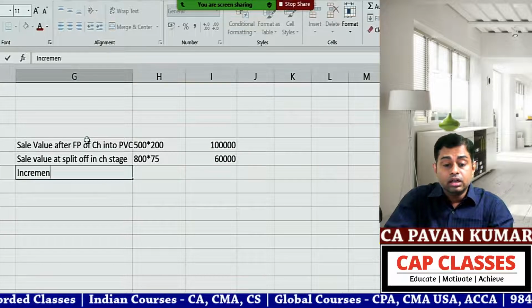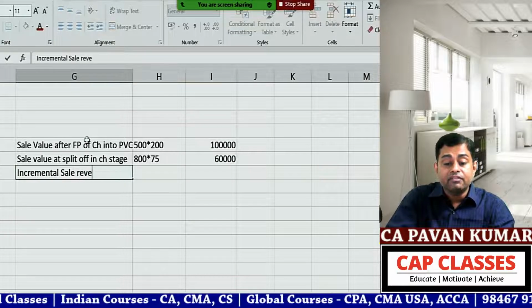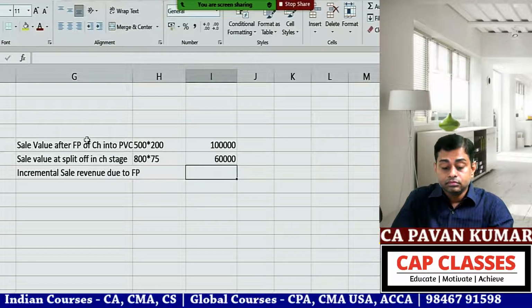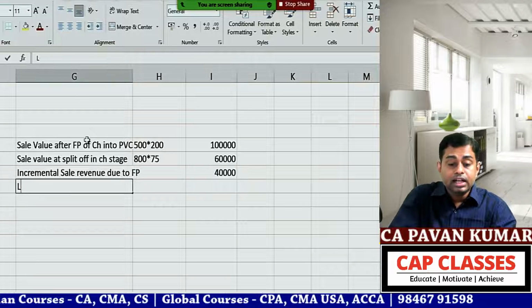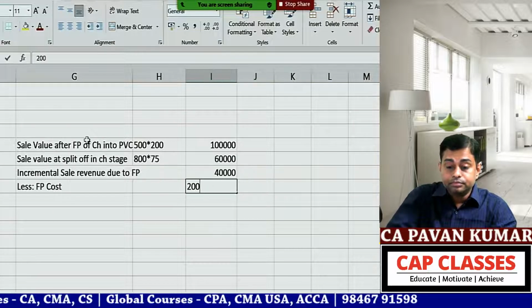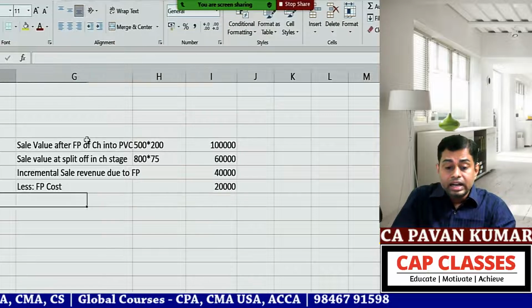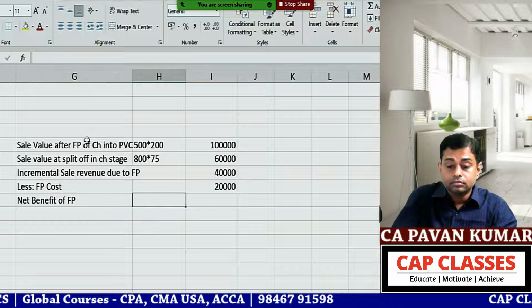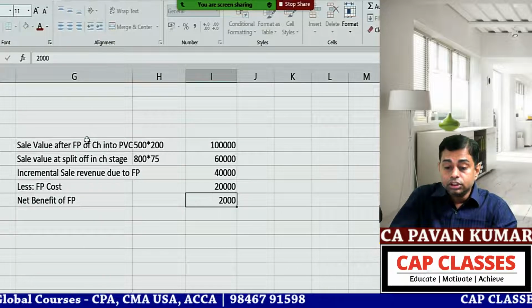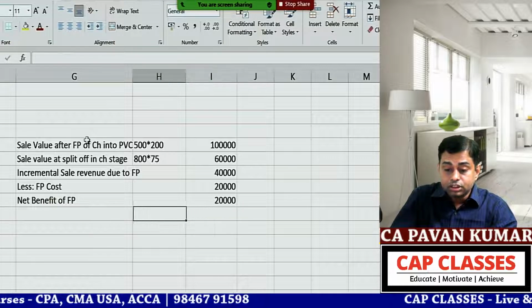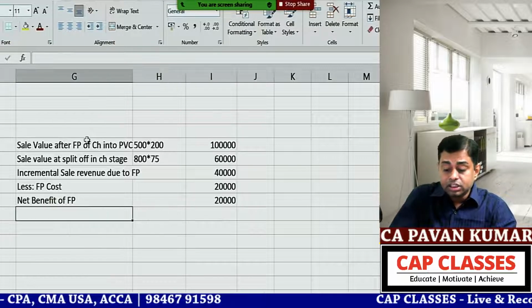So incremental sale revenue due to further processing is 40,000, less further processing cost 20,000. So net benefit of further processing is 20,000. So decision: tell me, shall we process it further?